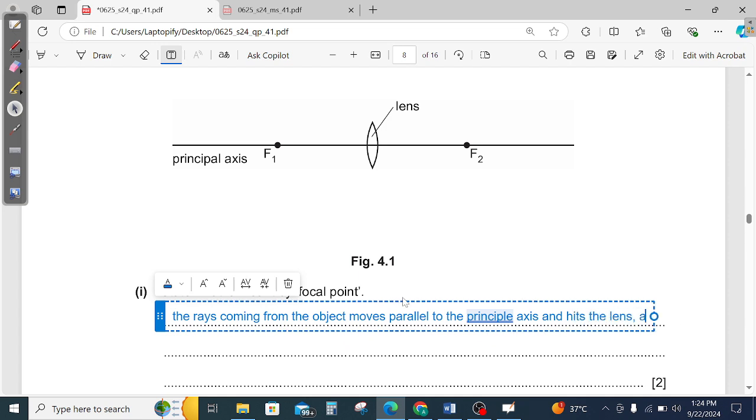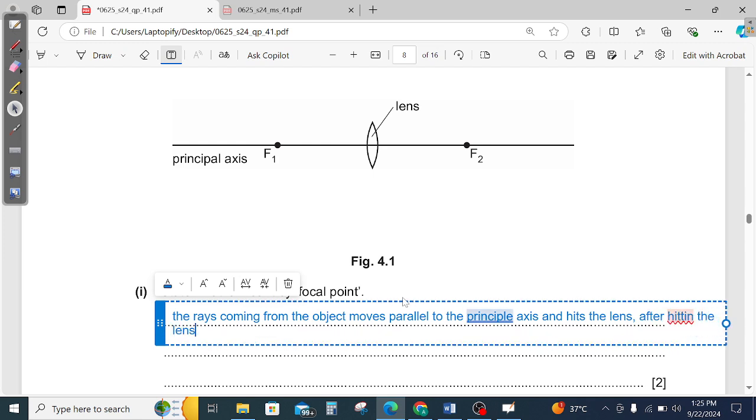After hitting the lens, the rays converge towards the focal point, the point on the principal axis.